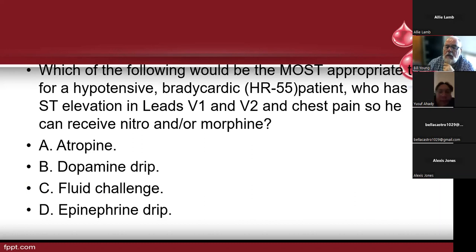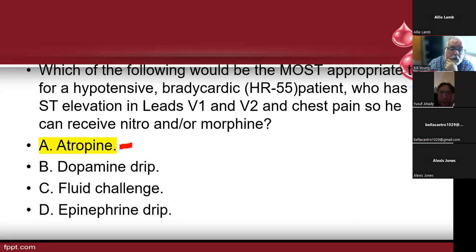Good job. All right, Bella, which of the following would be most appropriate for a hypotensive bradycardic patient with a heart rate of 55 who has ST elevation in leads V1, V2 and chest pain, so that he can get nitro and or morphine: atropine, dopamine, a fluid challenge, or an epi drip? Atropine. Yeah. So we're going to start with atropine.